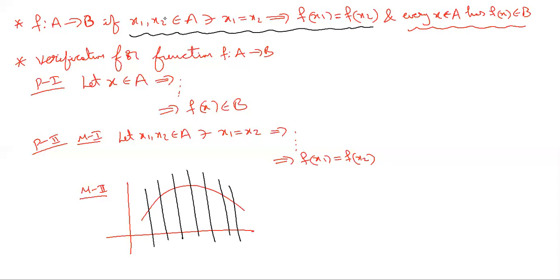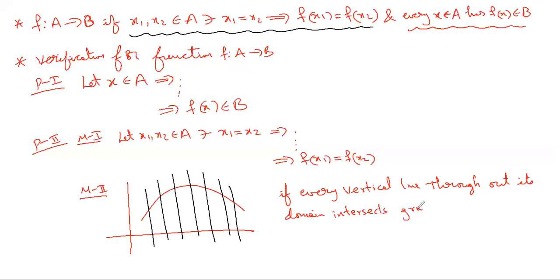If every vertical line throughout its domain intersects the graph exactly once, then the graph represents a function, right? This is how we do that, and there are many other methods.